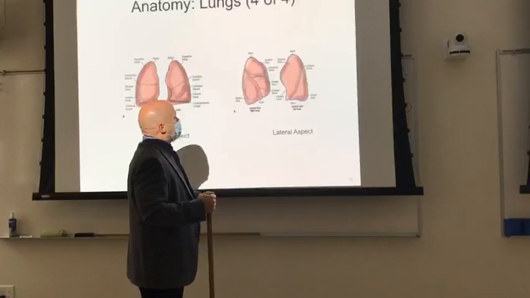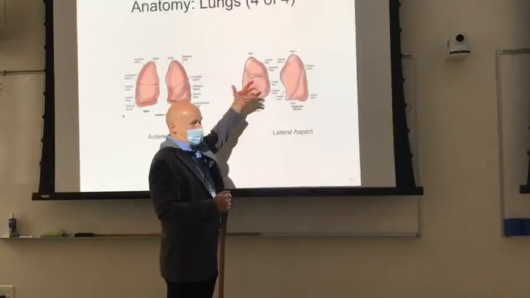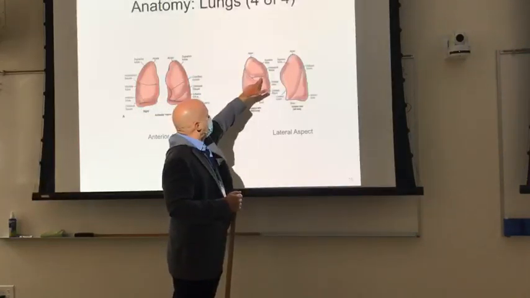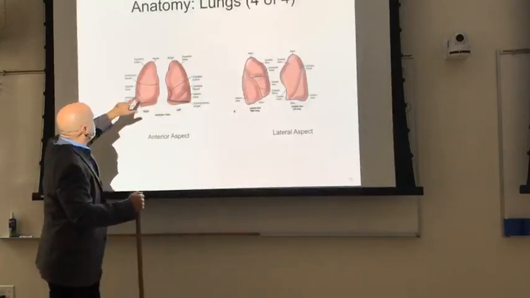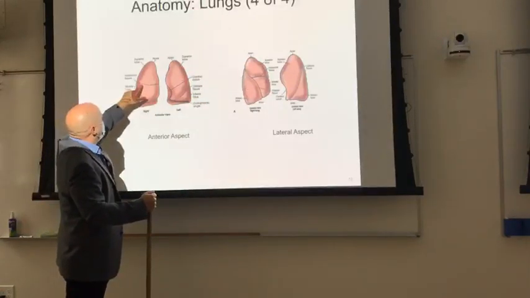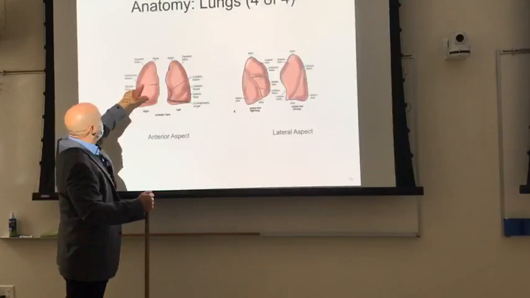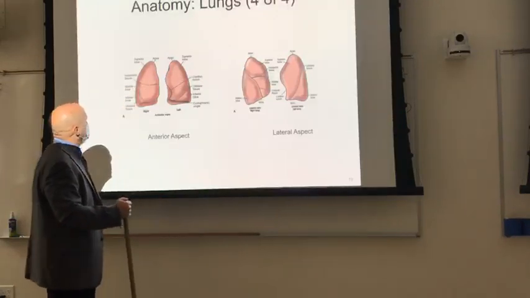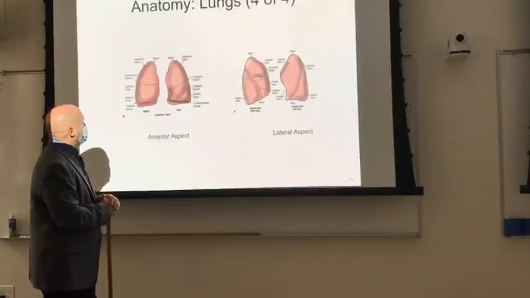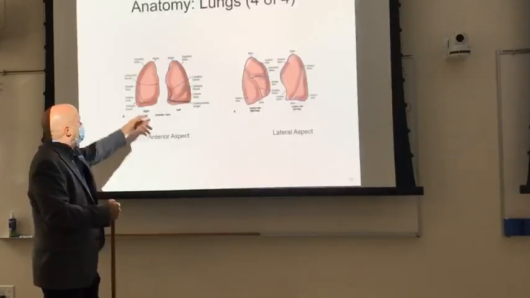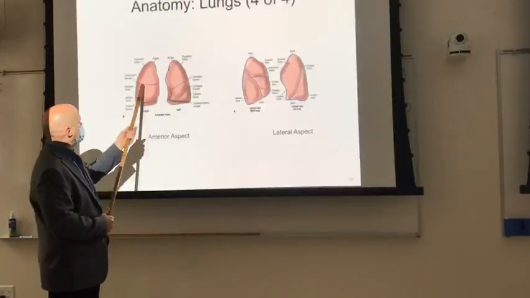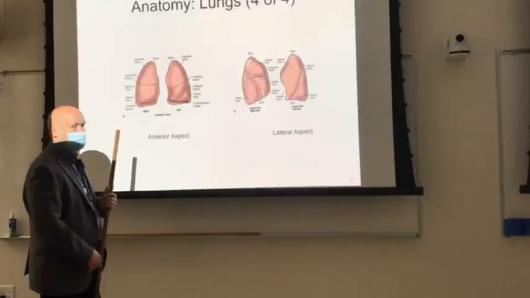So if the patient had a pathology, maybe a tumor situated right about here, where are we going to identify that? Can we, off of one view, identify exactly where it was if it was situated right there?